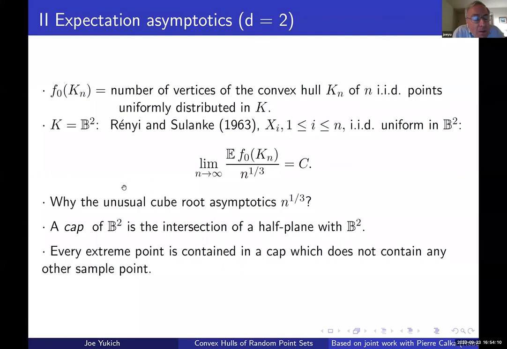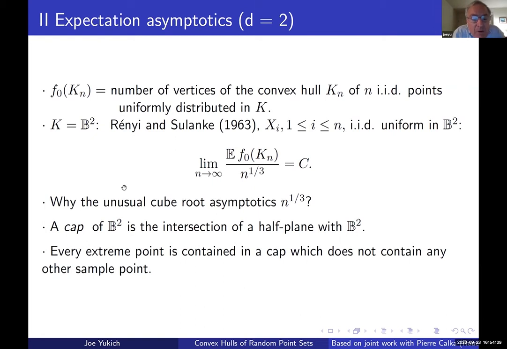It turns out, and it's not too hard to believe, that every extreme point, every vertex of a convex hull is contained in a cap which does not contain any other sample point. And if there were no such cap, then this would contradict the definition of a convex hull being the intersection of half spaces containing the points.